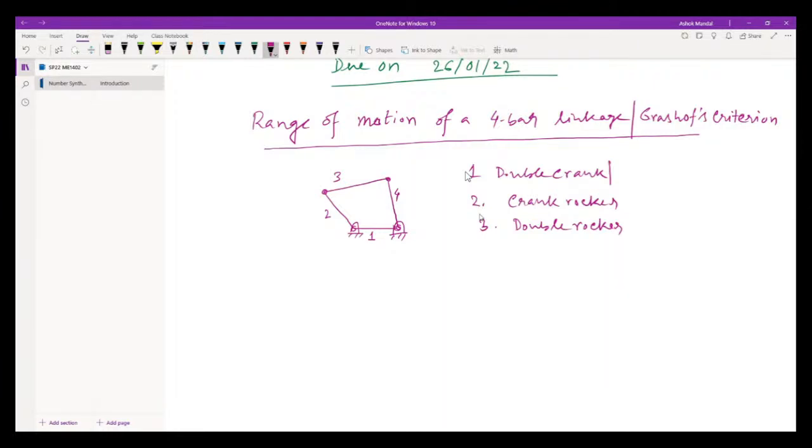Both links besides the fixed one, two and four, will rotate completely 360 degrees. If I call this one the crank, this the follower, and this the coupler, then both 2 and 4 will rotate 360 degrees. So the crank and follower have complete rotation.